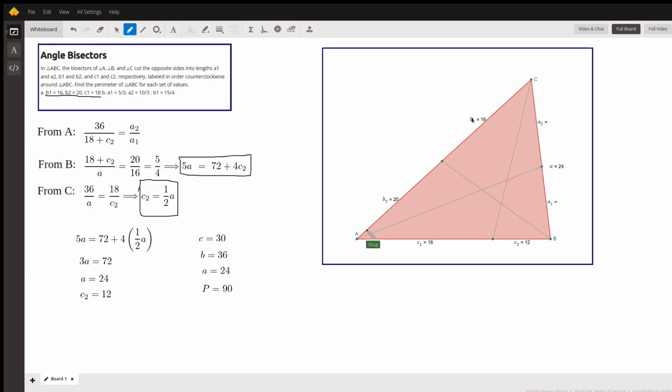So from vertex A, this angle bisector has the sides that include that angle in the same proportion as the segments of the opposite side that are created by the angle bisector.